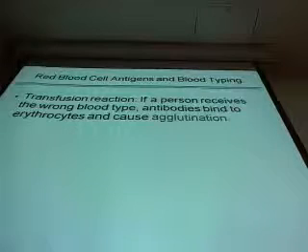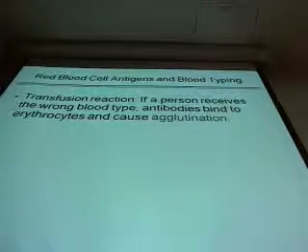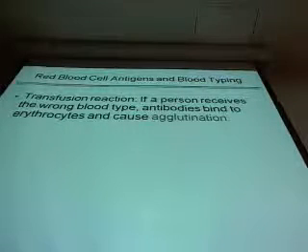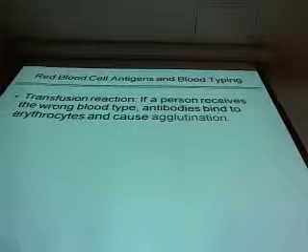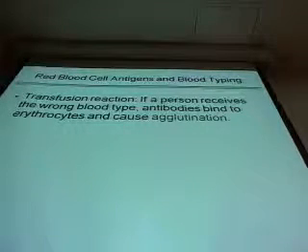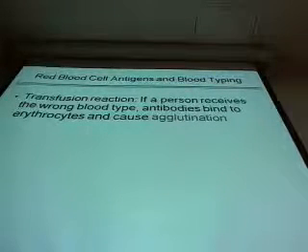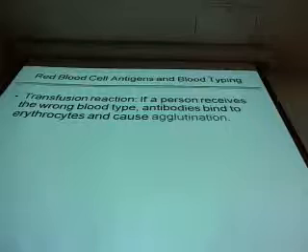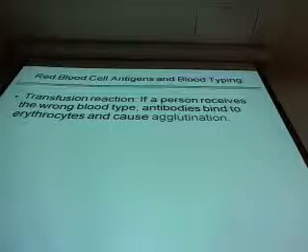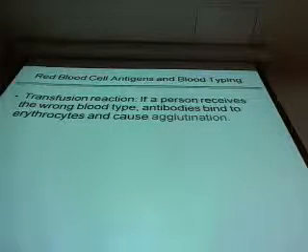Transfusion reaction. If a person receives the wrong blood type, antibodies bind to the erythrocytes and cause agglutination. They agglutinate and then they hemolyze. They break down. And that is a nasty, nasty thing to see. I have never, in 34, 35 years now, ever seen a hemolytic transfusion reaction to a wrong blood type. Never seen it.